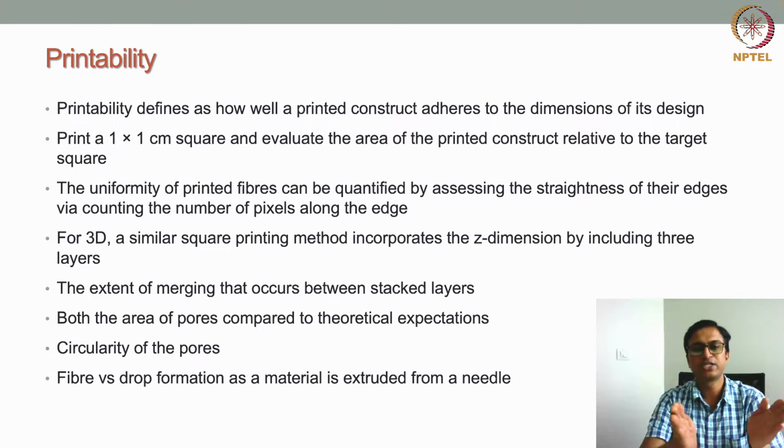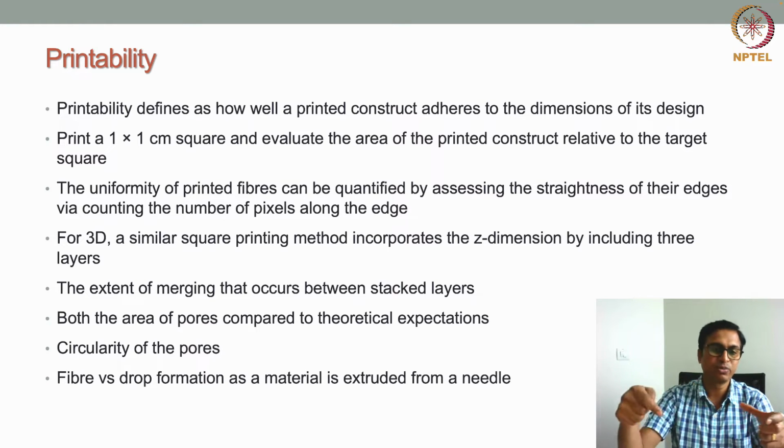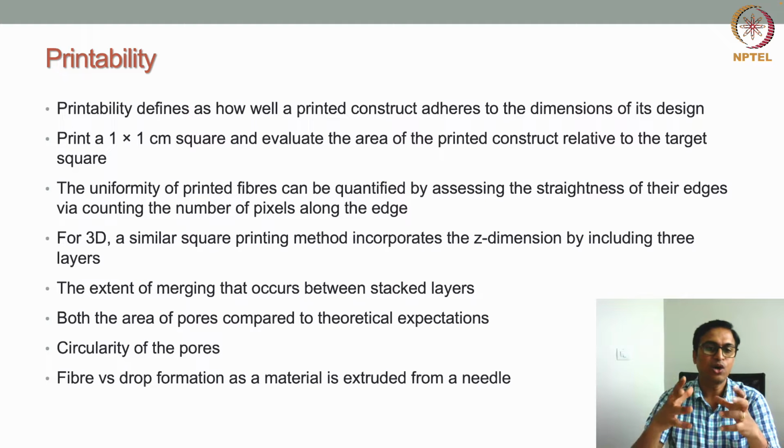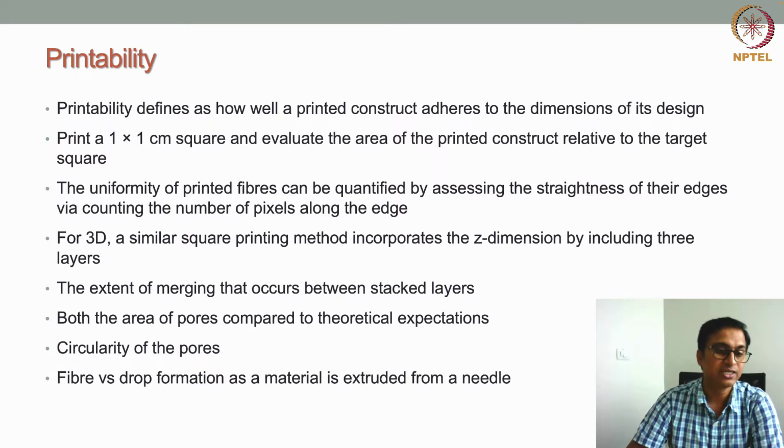If you compare these two, you can very well understand the dimensions. Another thing is whether the square is perfect or whether there is any deformation. Those things we can also understand.